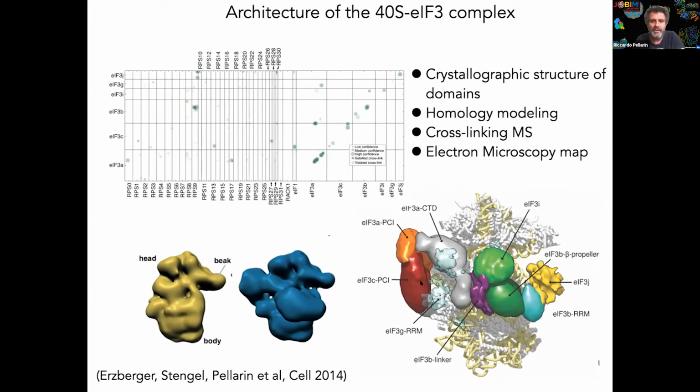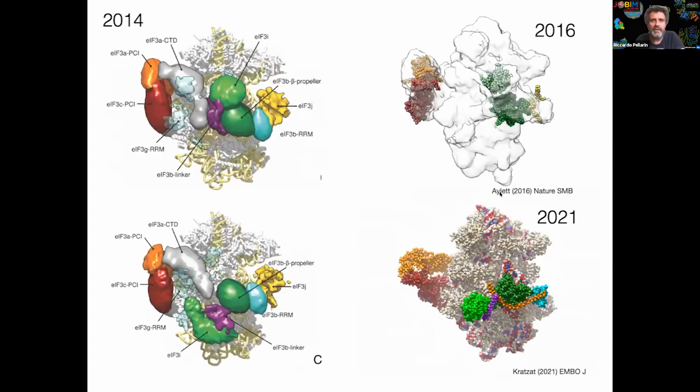We ended up having this very low-resolution positioning of different domains of the EF3 around the ribosome, which has been confirmed later by cryo-EM, initially by a low-resolution cryo-EM of 6 angstrom in 2016, and more recently this year in a 2021 work on the yeast pre-initiation complex.